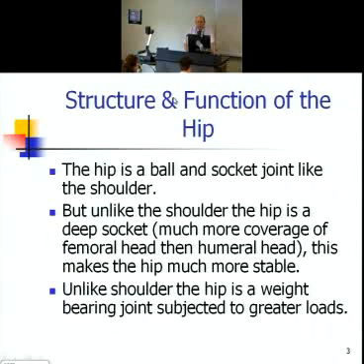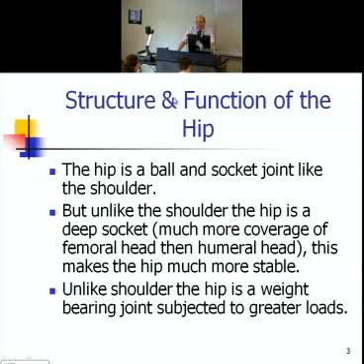The hip and the shoulder are both ball and socket joints. But in the case of the hip, the ball has much greater coverage through the socket portion. And the ball is the head of the femur, or the femoral head, and the socket is the acetabulum. The acetabulum rises off the pelvis.